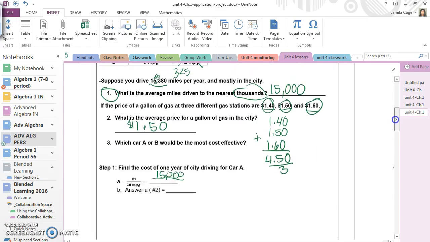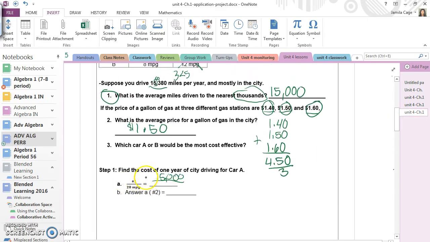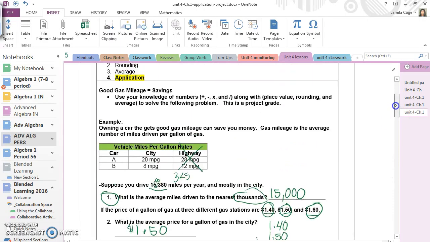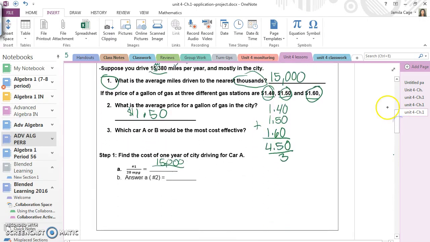And then divide that by how many gas miles per gallon the first car gets, which is car A, which is 20 miles per gallon, which is why that says 20. So when we do 15,000 divided by 20, we get 750.